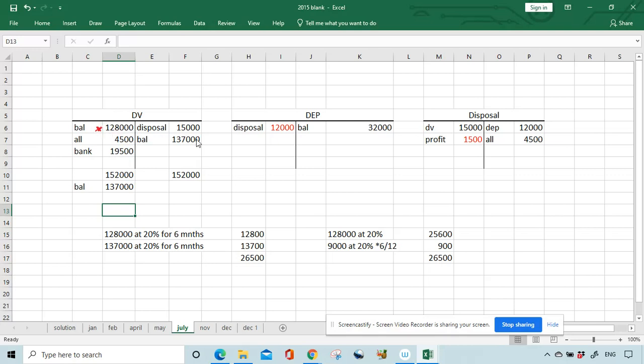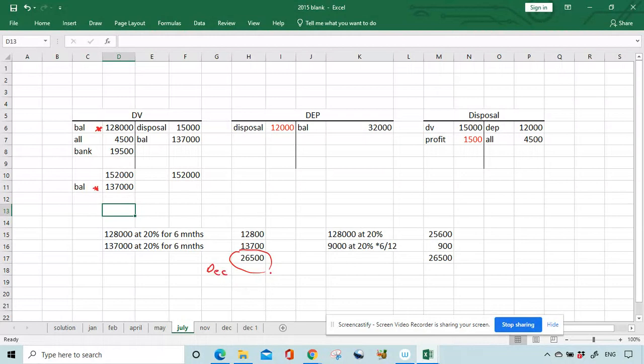And then we bought another one. For the remaining 6 months, the value of delivery vans was 137,000. So 128 at 20% is 12,800, and 137 at 20% for 6 months is 13,700. So that is my depreciation figure for December.